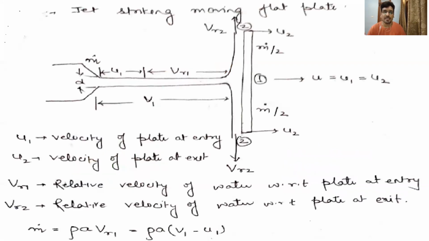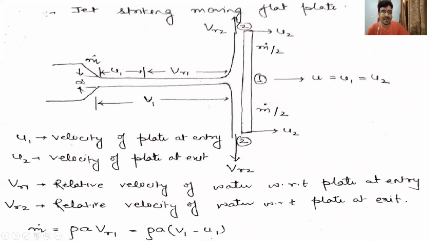So the first case is jet striking a moving flat plate. In the previous class, we discussed that a jet is impinging on a flat fixed plate. Now, this is the vertical plate with respect to this jet, and this plate is moving with certain velocity with respect to this jet.